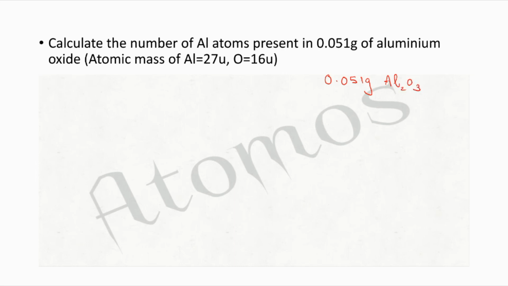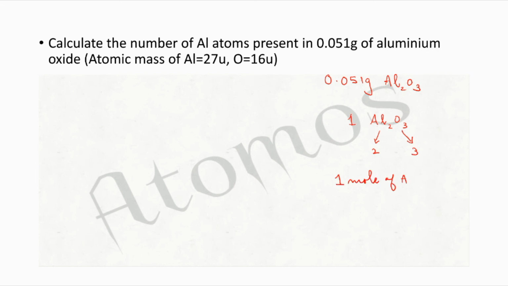Before doing the problem, you should remember one thing. Suppose you have one molecule of aluminium oxide. In that, how many aluminium atoms will be present? 2. In one molecule of aluminium oxide, how many oxygen atoms will be present? From the formula, it is clear that 3 atoms of oxygen are present.